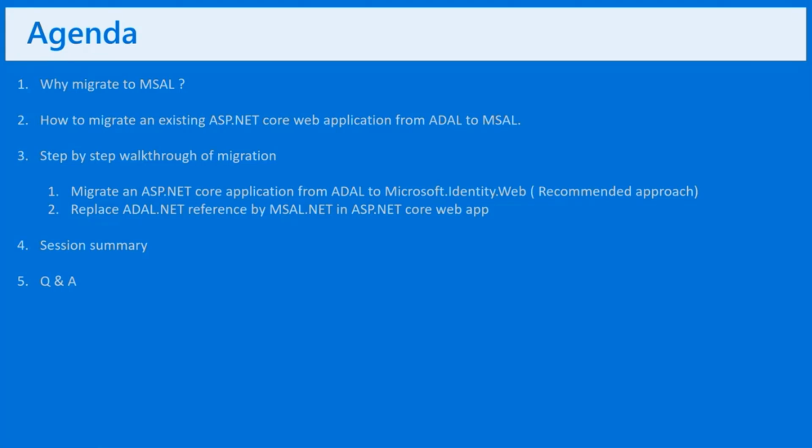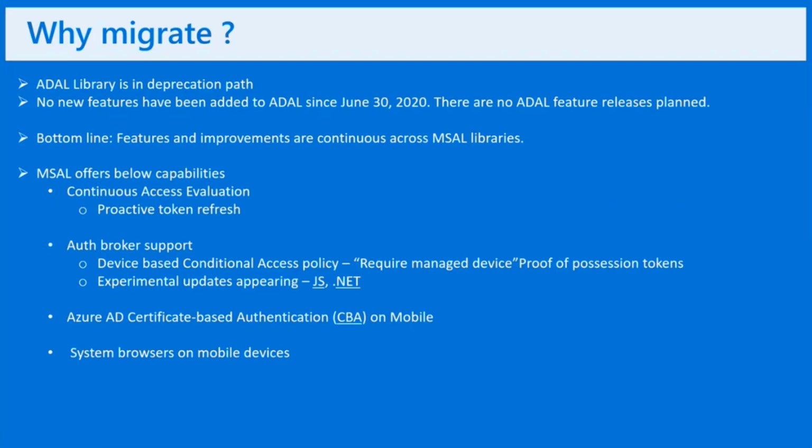Next, I think most of you might be aware of why we need to migrate. You might be aware of the fact that the ADAL library has a deprecation path. No features have been added to ADAL since June 30th, 2020, and there are no ADAL features planned either.